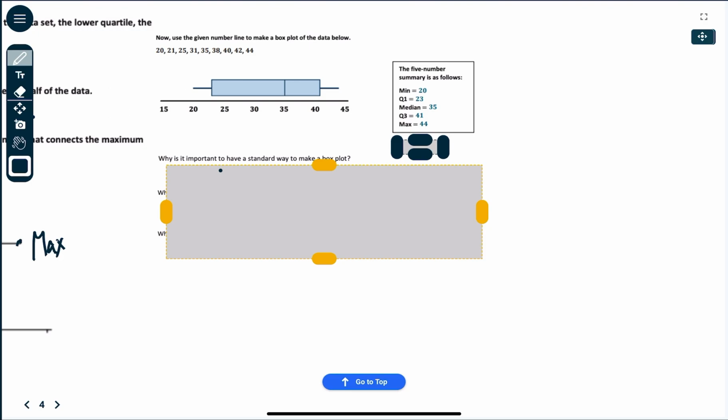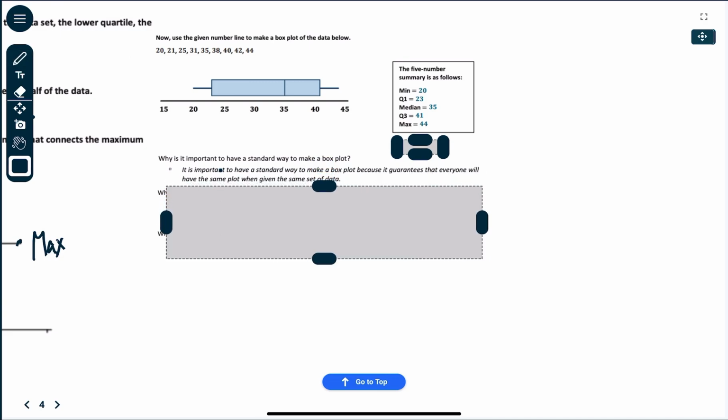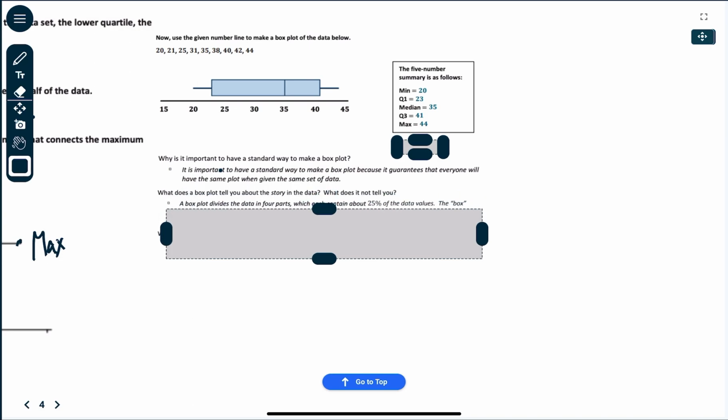Okay. So why is it important to have a standard way to make a box plot? Well, because it guarantees that everyone will have the same plot when given the same set of data. Okay, there's a standard. What does a box plot tell you about the story in the data?